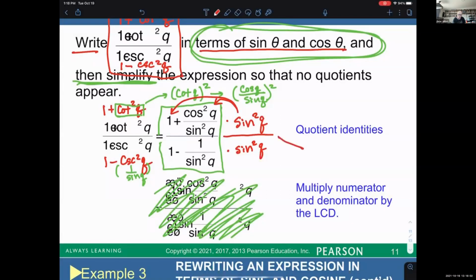So that would lead me on the top to having, let's change colors, sine squared, because sine squared times 1 is sine squared, plus, and when the sine squared multiplies by the fraction, the sine squareds cancel, leaving cosine squared.